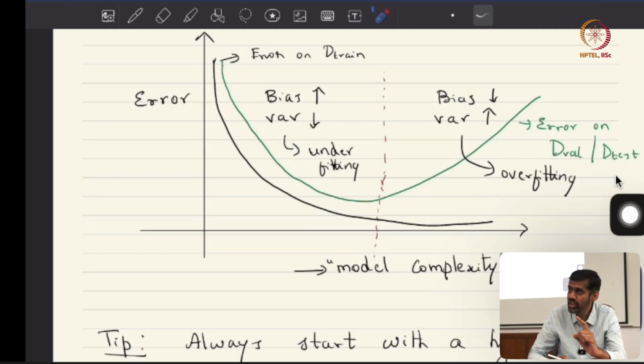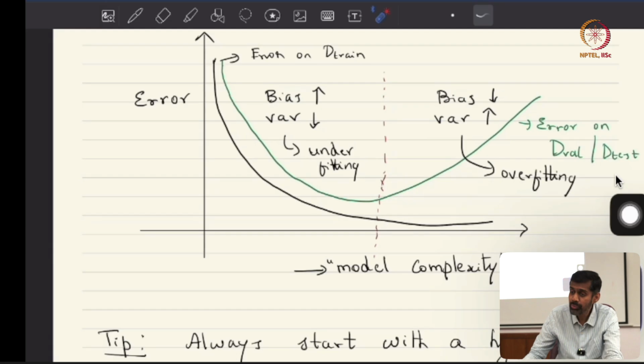In neural network training, see, this is the case when your model complexity is defined as number of parameters and so on. I also told you in the last class that this x-axis may also mean steps of the iterative numerical algorithm that we are solving in terms of gradient descent, right.